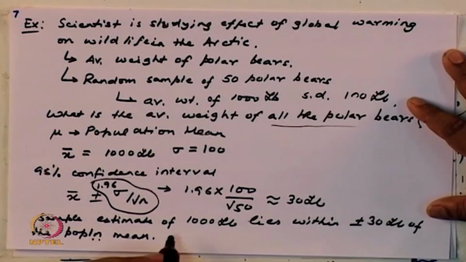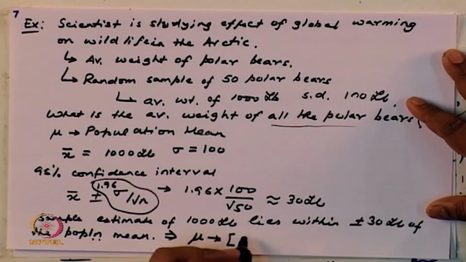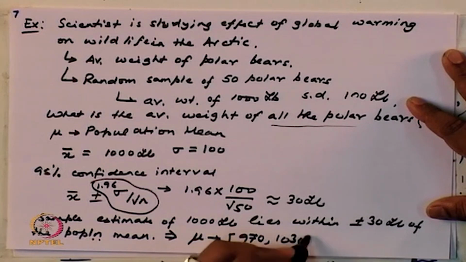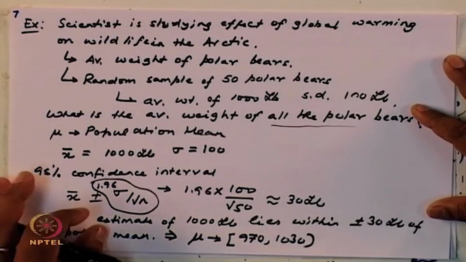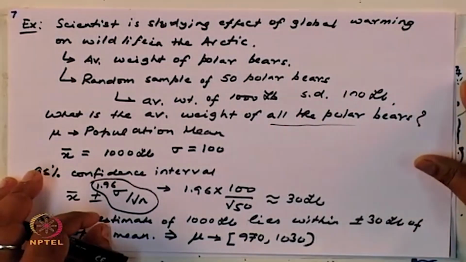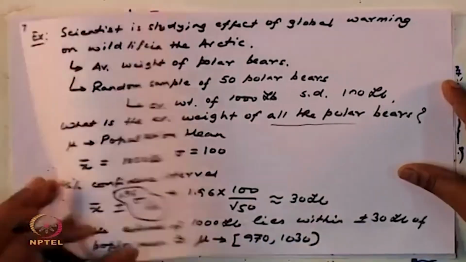Implying the population mean must lie between 970 and 1030 pounds. So with 95% confidence, you can say that the mean is going to be lying between this and this. So what exactly does this 95% confidence interval mean?